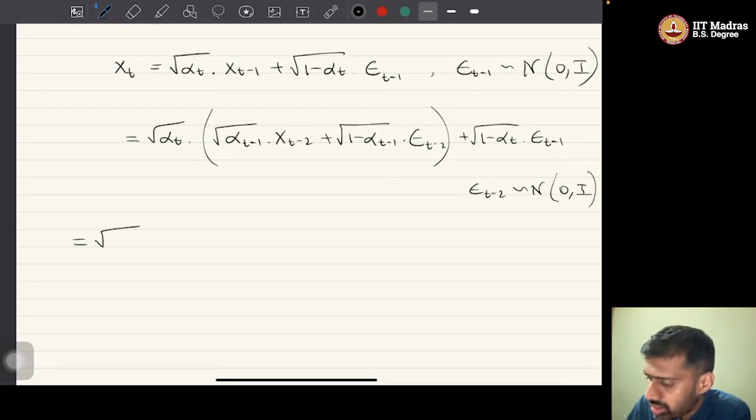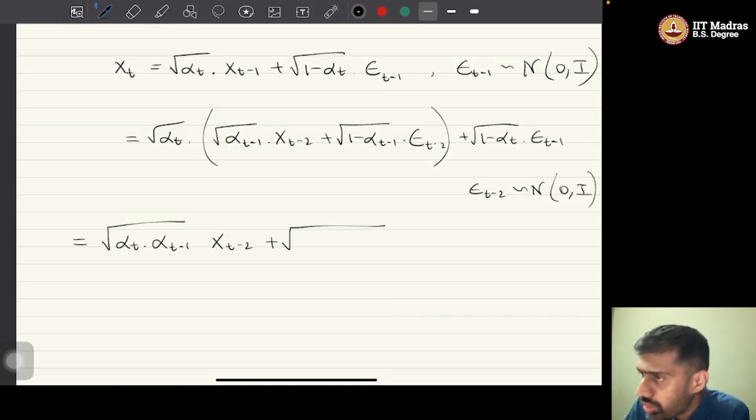Now, I will just unroll this. So, this is root of alpha t times, okay, under the root we have both of these. We have root of alpha t into alpha t minus 1 times xt minus 2, and plus we have this weird looking term.